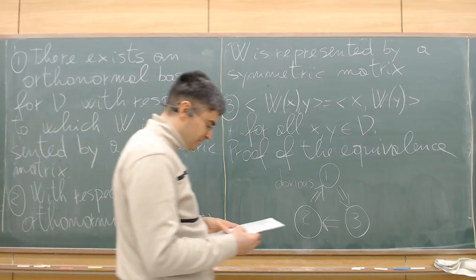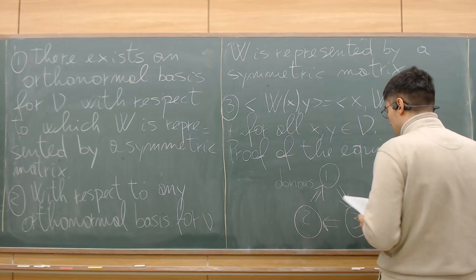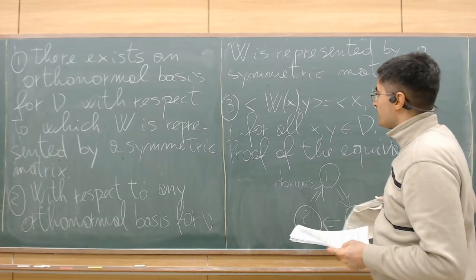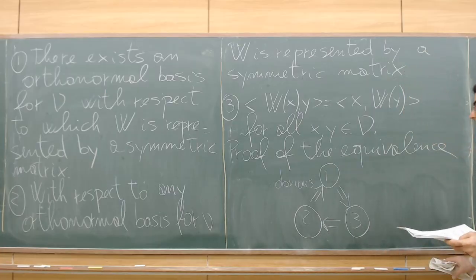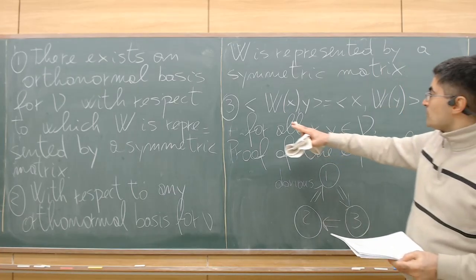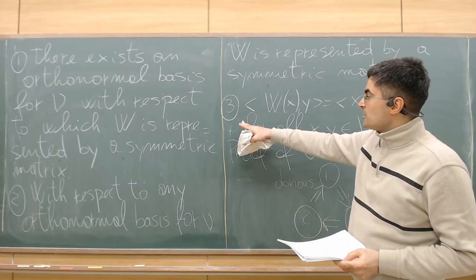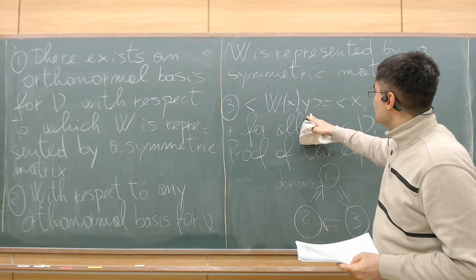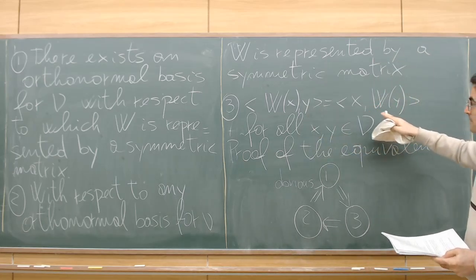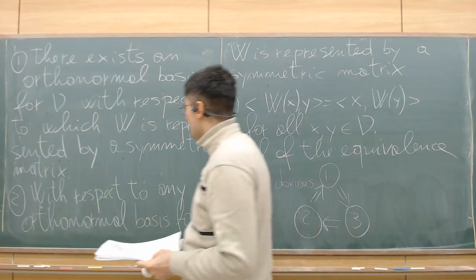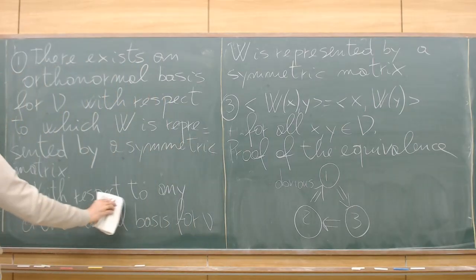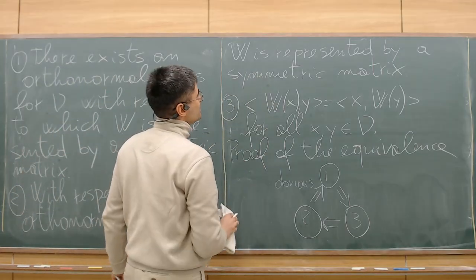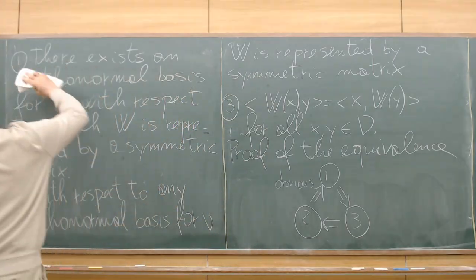Let's prove that 3 implies 2. So unfortunately I have to erase something. Remember that condition number 3 is that these two inner products coincide. Let's prove that with respect to any orthonormal basis for nu, W is represented by a symmetric matrix.